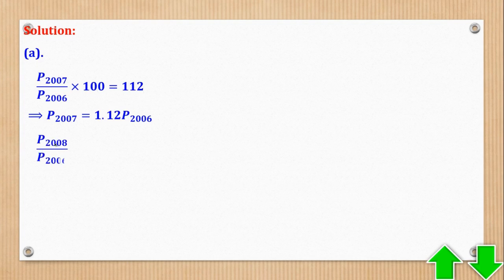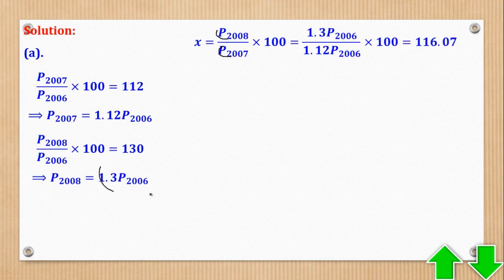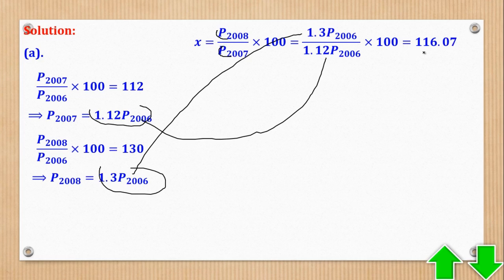Similarly, for 2.8 using 2.6 as the base, make the price of 2.8 the subject, and you'll come up with this. Therefore, the value of x will be the price of 2.8 divided by the price of 2.7 times 100. So you know the price of 2.8 is this, come and substitute. Price of 2.7 is this, come and substitute. Multiply by 100 to come up with this as the answer they wanted.